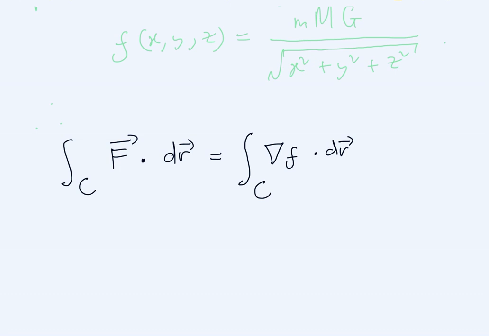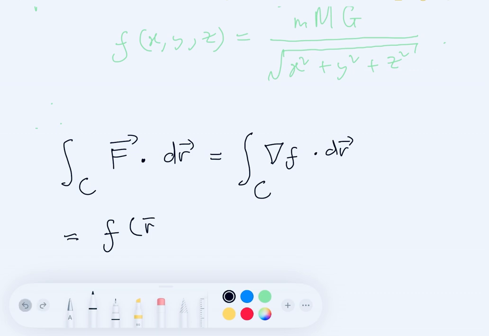So this means that this line integral, which describes the work done by this vector field, which is the given gravitational field, is equal, by the theorem statement, to f of r of b minus f of r of a. But at this point we can just go to the second point that we're given.